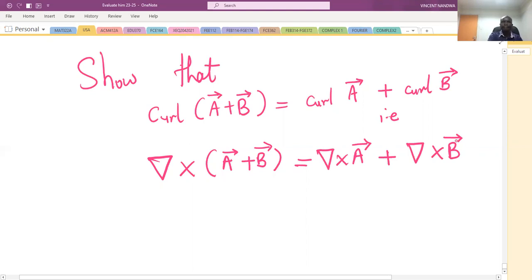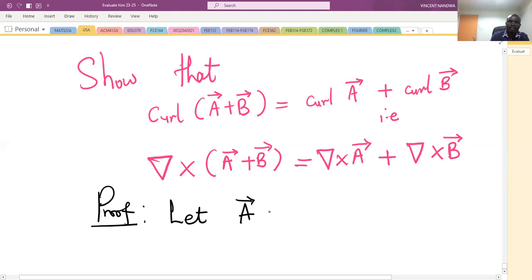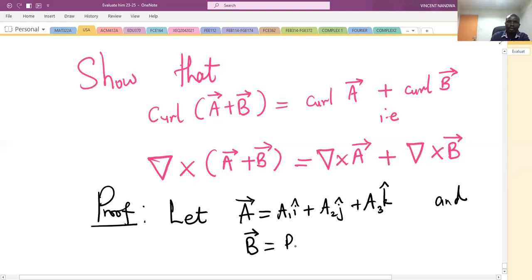So start from definition. So proof. Let A be the vector given by A1 i plus A2 j plus A3 k, and B be the vector given by B1 i plus B2 j plus B3 k.